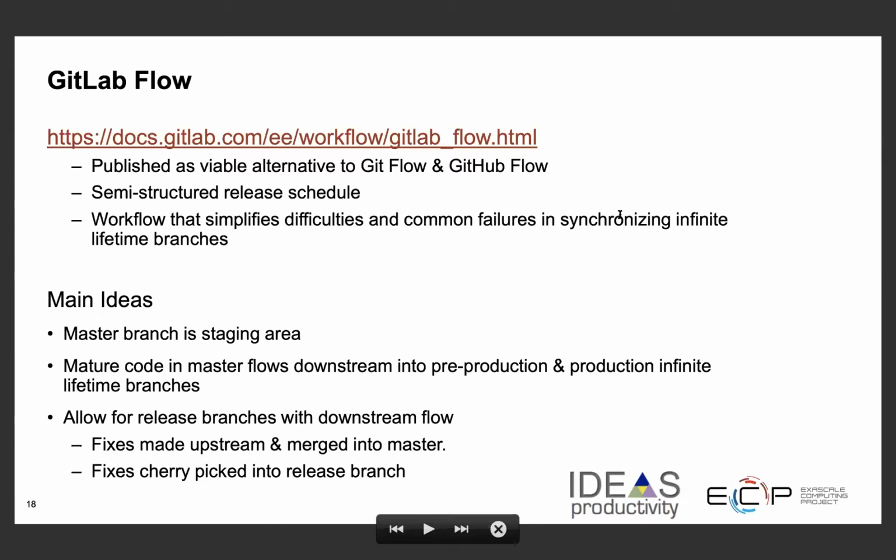But the main idea in summary is that all features and fixes go to master. Master is considered staging, and from master your code flows to two branches called pre-production and production. So master code goes to pre-production, everything is tested, then it goes to production. Bug fixes and hotfixes are made to master and then cherry-picked from master to make their way into pre-production and other downstream branches.